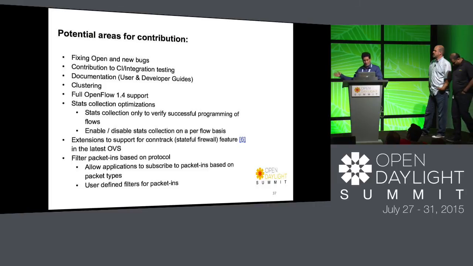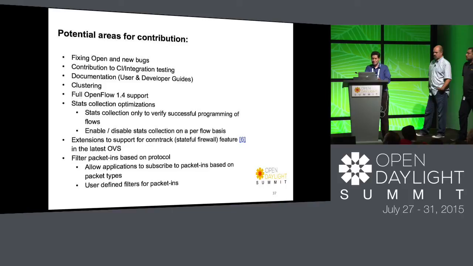The GBP project has said that this one is also important for them, which is connection tracking. The latest OVS has support for connection tracking, a stateful firewall feature, which requires some extensions to the OpenFlow spec. That will be an area where it would be good to have some help.